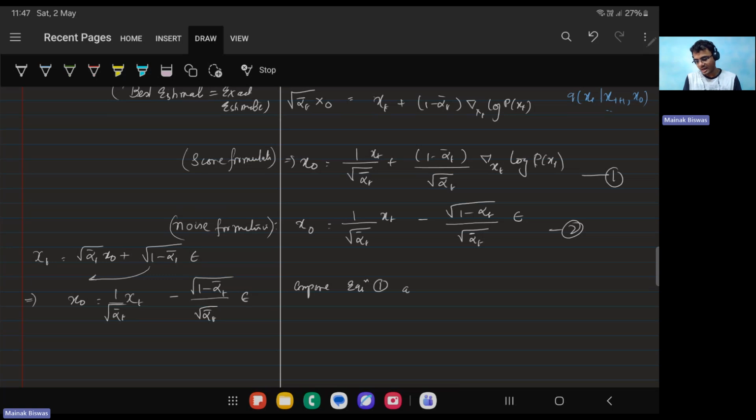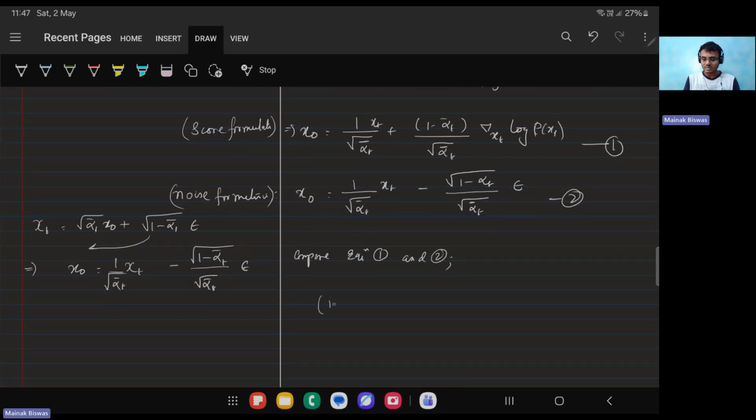Equation 1 and 2, and what do you get? You get 1 minus alpha t bar by root alpha t bar into the score, which is equal to minus root of 1 minus alpha t bar by root of alpha t bar epsilon.